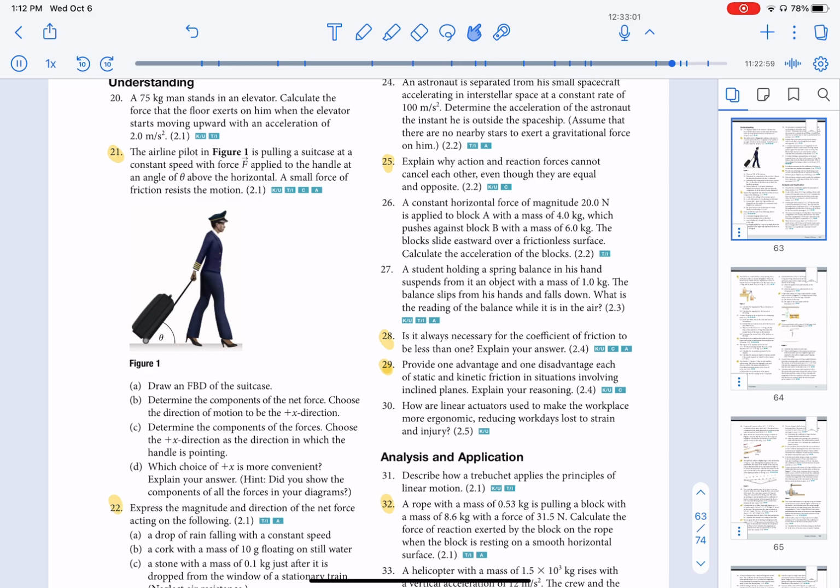Here it is. We have two of them. How do we get it by itself? Any ideas? There's a couple of ways we can do this. Andre? So you just move FA and mg to the other side first? Yeah, you could. I would not do that because I don't like negatives.